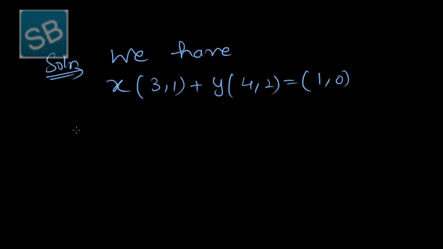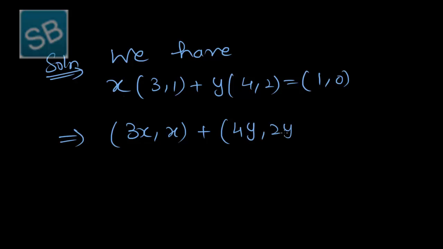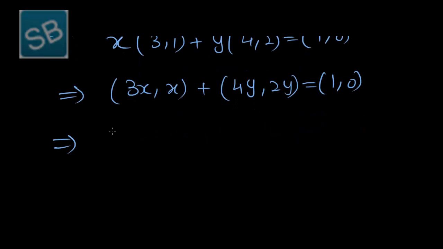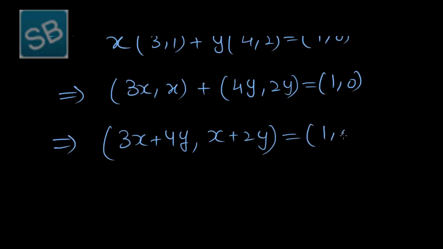So we multiply x with vector 3, 1, it becomes 3x, x, plus 4y, 2y, is equal to 1, 0. By the law of sum of two vectors, we add up the two vectors, it becomes 3x plus 4y and x plus 2y, corresponding elements, is equal to 1, 0.